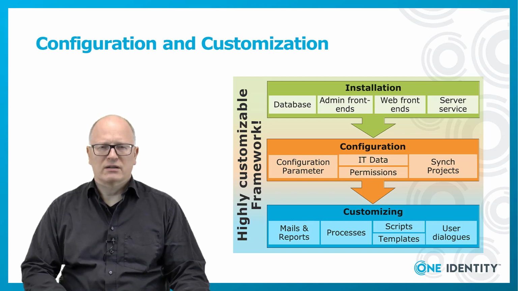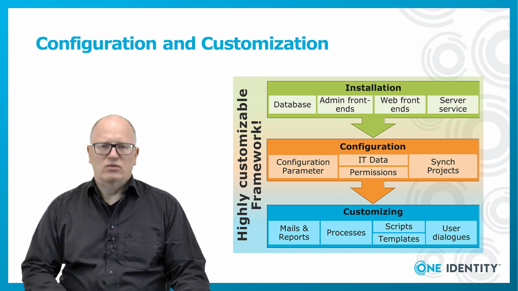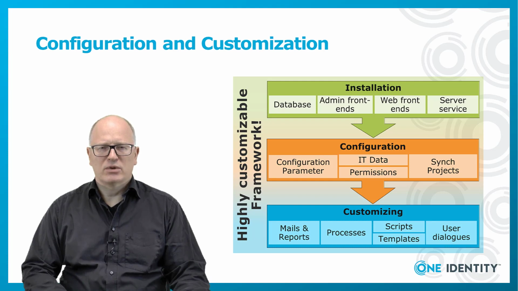Once all of this is done, the very last step is to extend the system, because not everything you might need is implemented in the Identity Manager. As we all know, enterprises and companies work differently and have different needs, and a software vendor like One Identity is not able to implement everything your company will need.